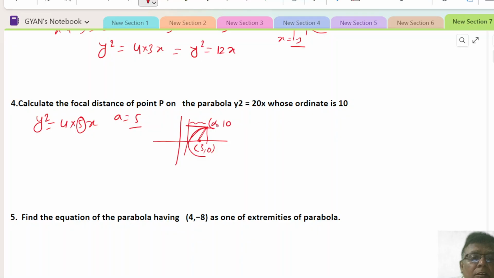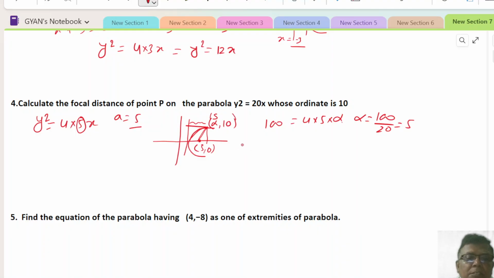Suppose this is alpha. So put the value into this. So 100 is equal to 4 into 5 into alpha. So alpha is equal to 100 divided by 20, that is equal to 5. So alpha is 5. So then this point is 5 in this one.